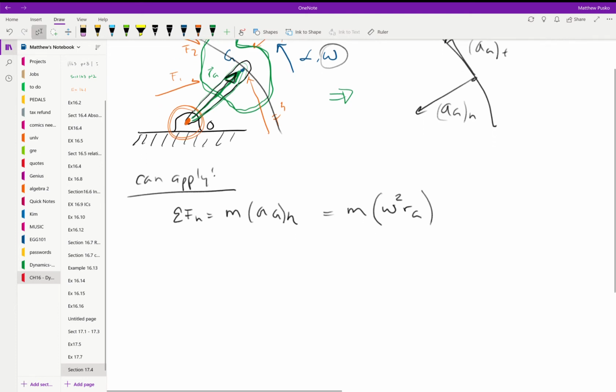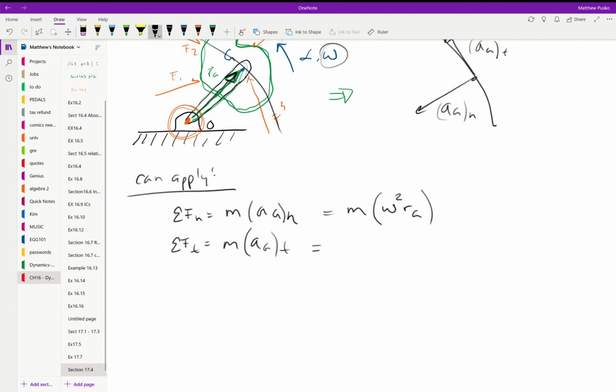Okay, we can also sum the forces in the tangential direction and get mass times the acceleration in the tangential direction for g. But let's rewrite that. The acceleration in the tangential direction we found is alpha crossed r, or alpha r, so let's write alpha times r of g.